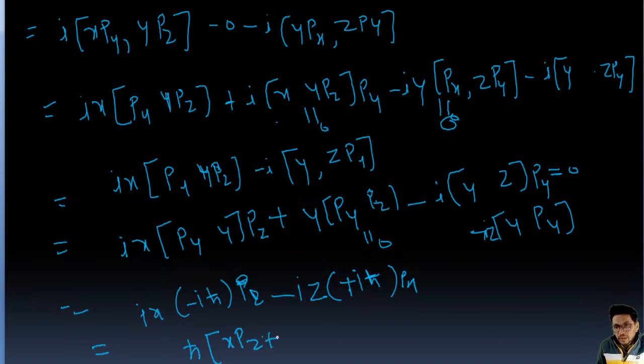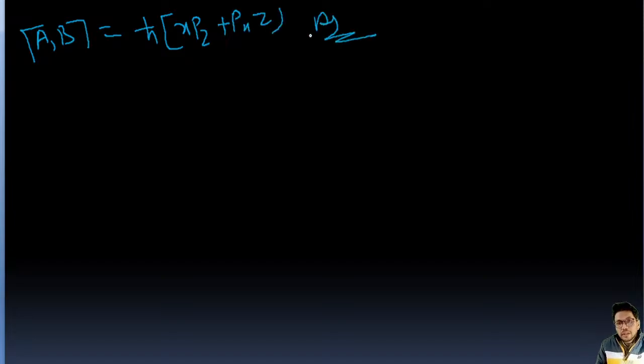So this is going to be plus z px. Okay, so the value of AB is going to be h cut xpz plus pxz. Okay, pxz. This is the answer, guys.